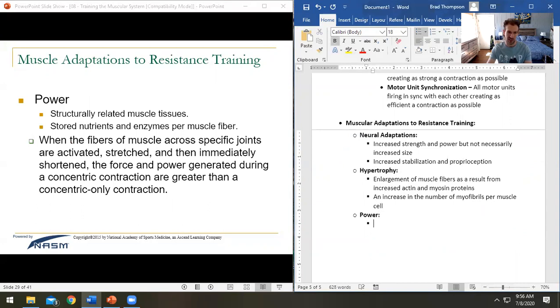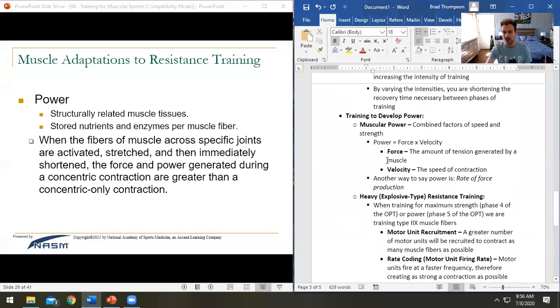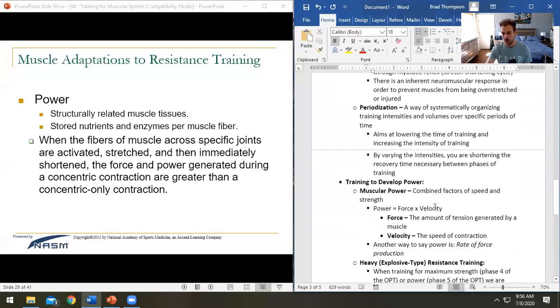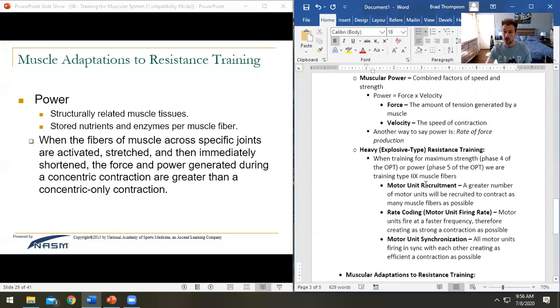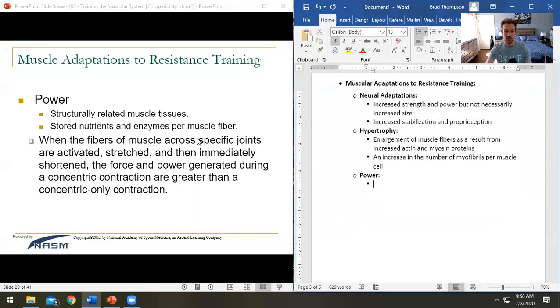And then we are going to see muscular power, right? Obviously, we're going to see that. We've already kind of talked about it. We will see structurally related to your tissues, like we talked about when we're looking at power, all the way up here in plyometrics, right? If you enhance that myotatic reflex, right? If you have tougher tendons, there is going to be a lot more power there. And also if your body is storing more of those creatine enzymes in order to generate maximal ATP-PC energy, you're going to see power, right?